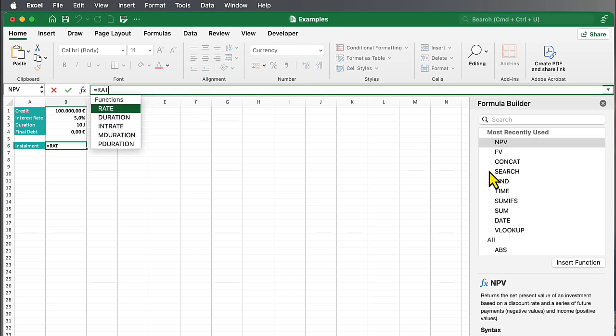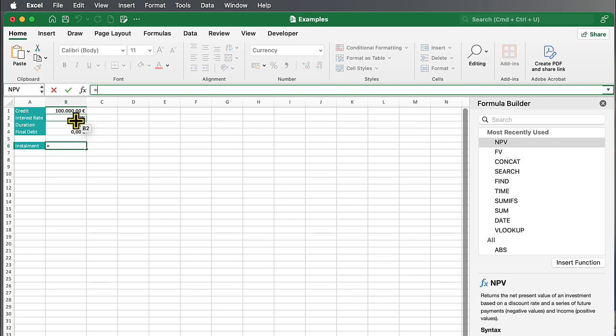Finally, you should note the following. The interest rate is always given for a year, so we have a 5% interest rate per year. If, however, you have to do monthly payments, monthly installment, then you have to divide the interest rate by 12 to have monthly interest rates.